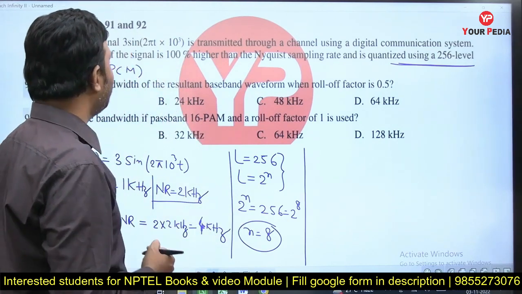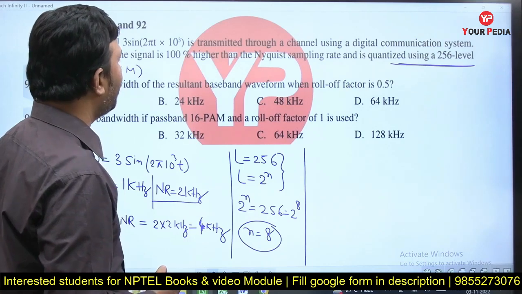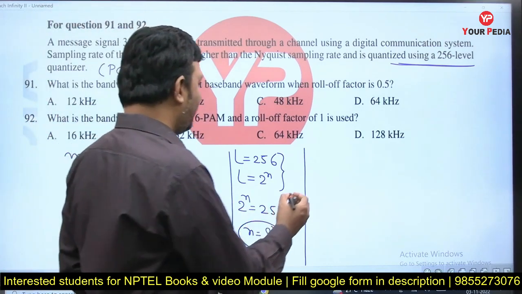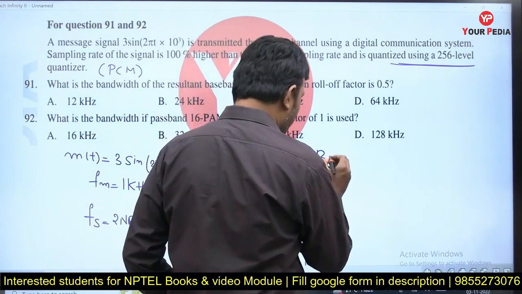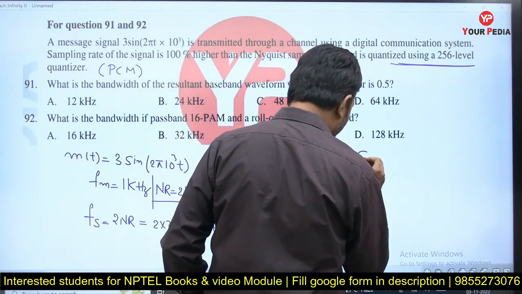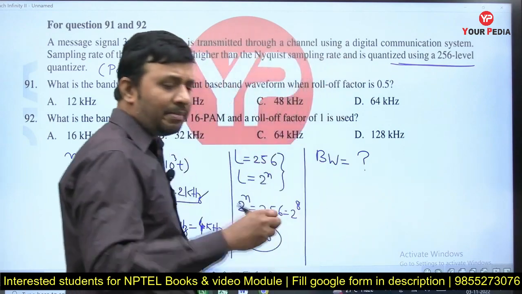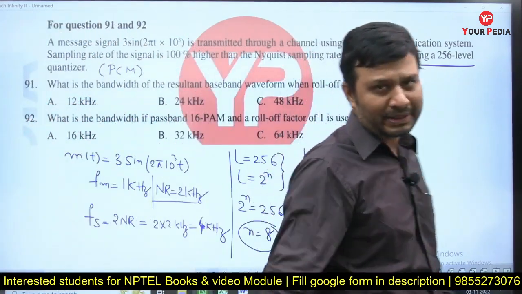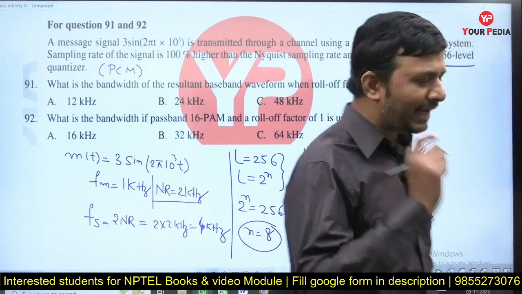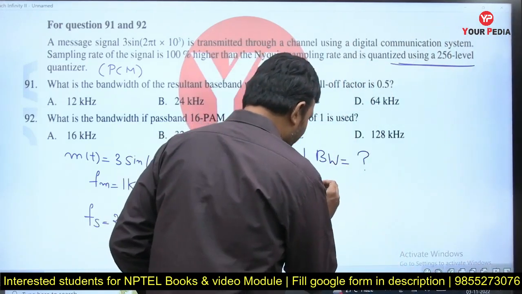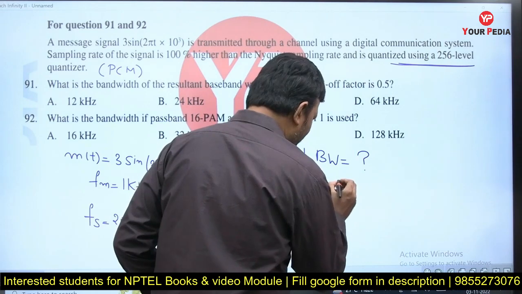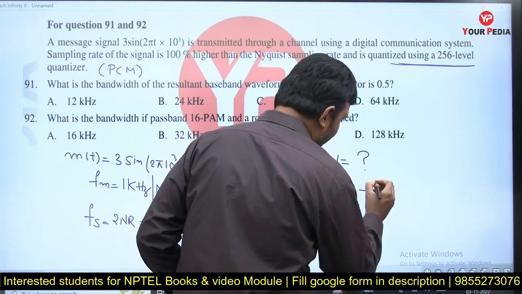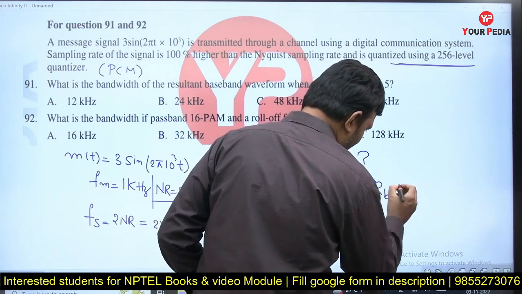What is the bandwidth of the resulting baseband waveform if the roll-off factor is 0.5? He is asking for bandwidth. He may use rectangular pulses or he may use raised cosine pulses. If he uses rectangular pulses, we calculate only the maximum bandwidth, which is Rb hertz.